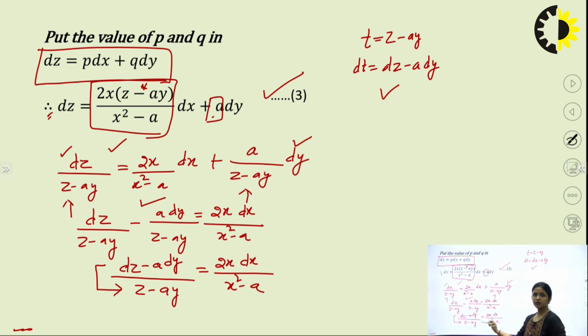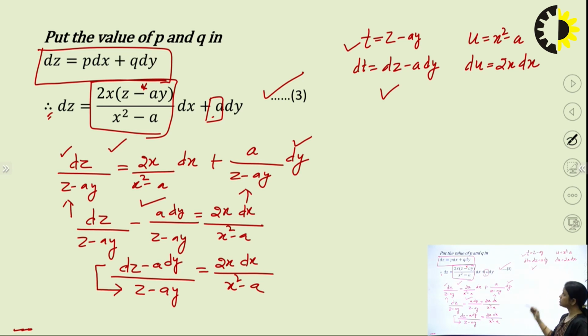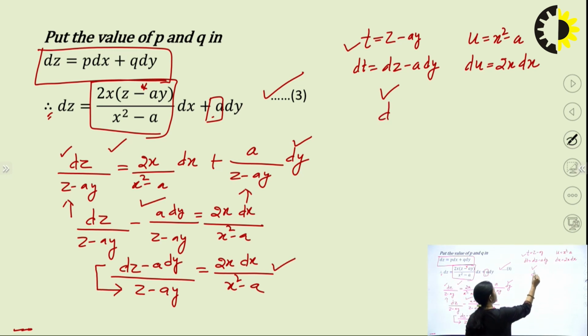So it can now be solved by direct integration with this substitution. On the right hand side also, if we take u equal to x square minus a, then its derivative will be 2x dx. Now we can easily solve the right hand side by this substitution. See the effect of the substitution: we can write this equation as dt upon t is equal to du upon u.